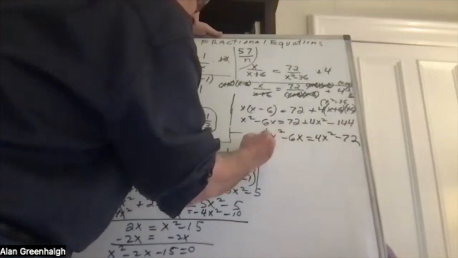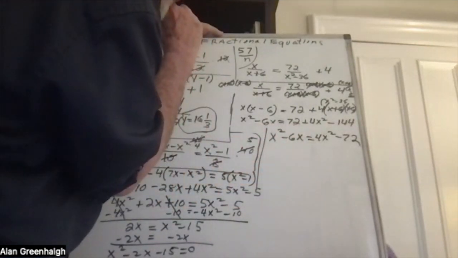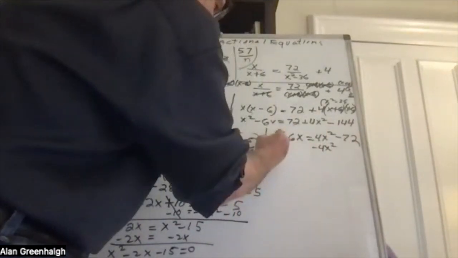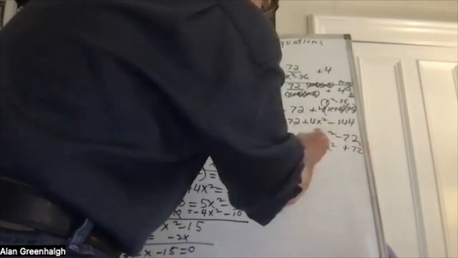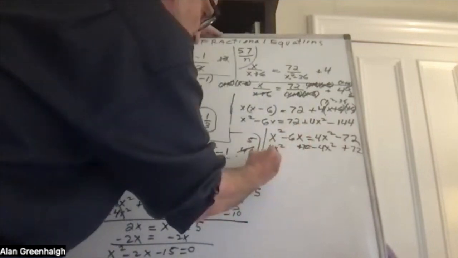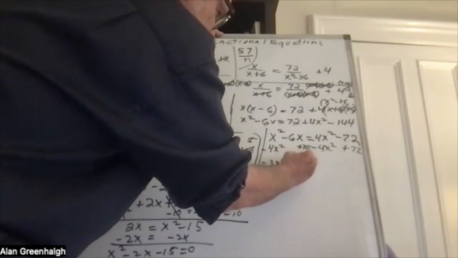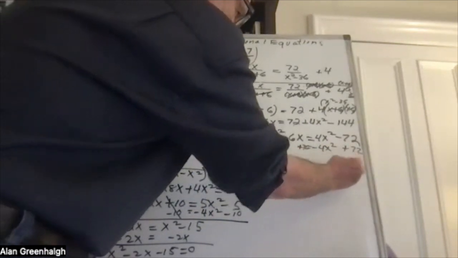Okay, and let's now bring this over here, bring this over here, bring this on the other side, and we wind up with negative 3x squared minus 6x plus 72 equals 0.